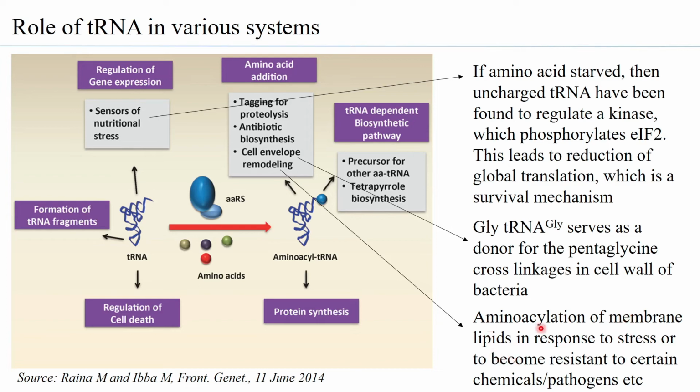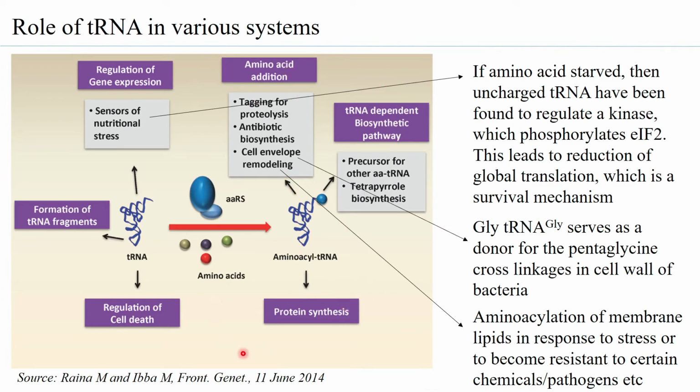So, again, the tRNA with the amino acid is able to give the amino acid for acylation to the membrane lipid.